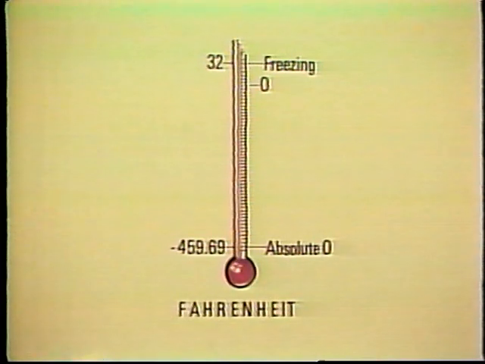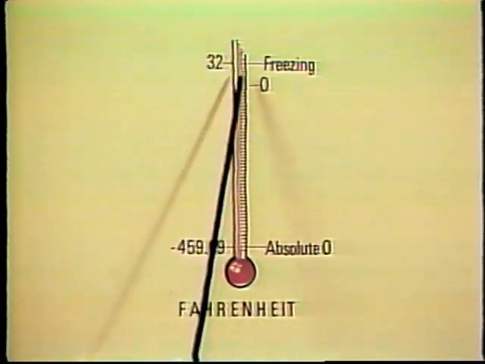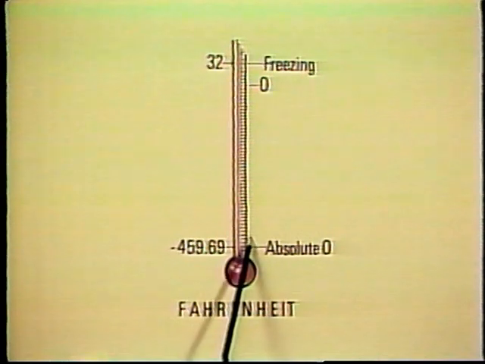The temperature is stated as absolute temperature. Absolute zero is the point at which all molecular movement stops, which is another way of saying it is the coldest temperature possible. At this point, the Fahrenheit scale reads 459.69 degrees below zero.